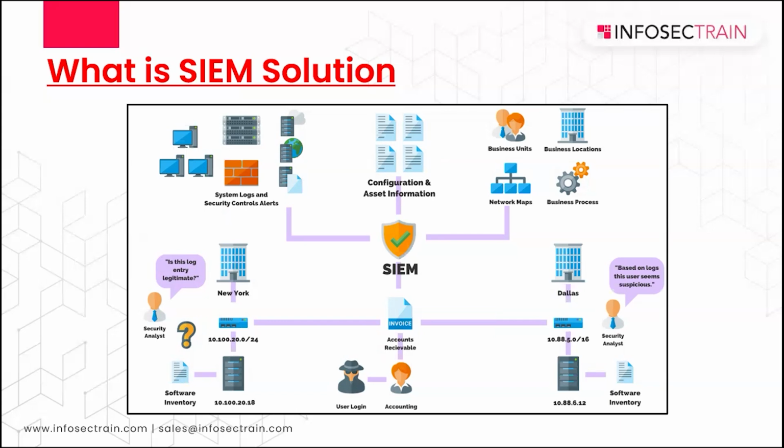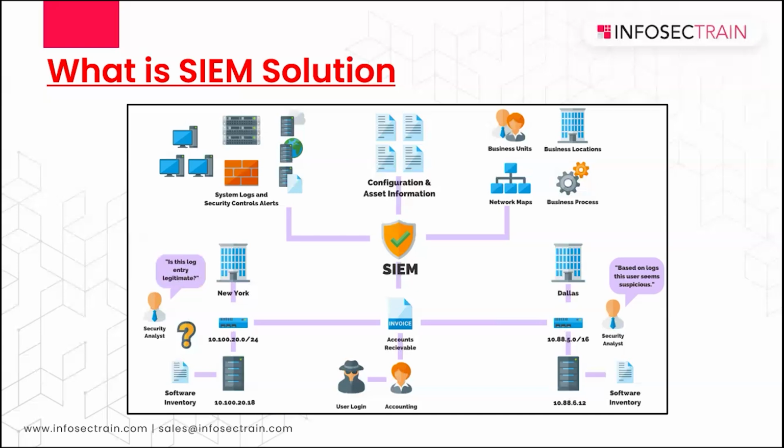Suppose, for example, right now I'm in India, and a SIM solution is a centralized place. I have installed a SIM solution in my system. That SIM solution would be fetching logs from systems in Japan, France, the US, from all the different endpoints across the globe, from devices like mobile, desktop, laptop, servers, into the SIM solution.